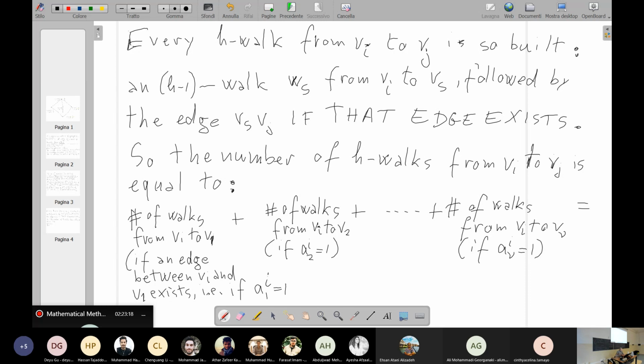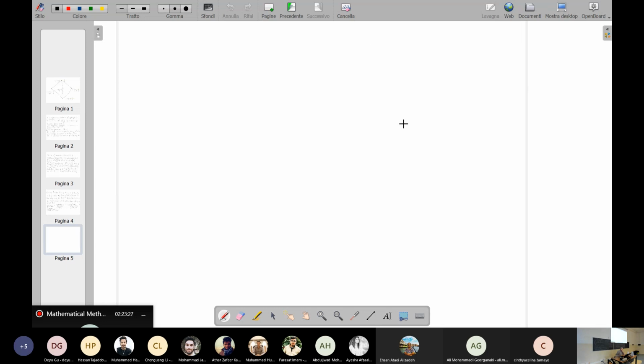But then what is this equal to? By inductive hypothesis, what is our inductive hypothesis?